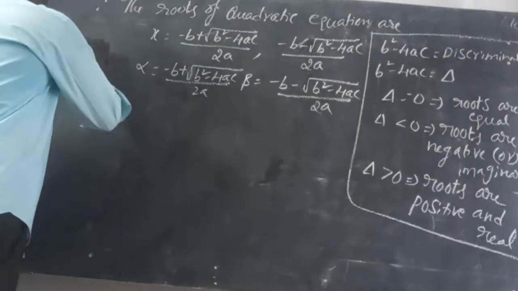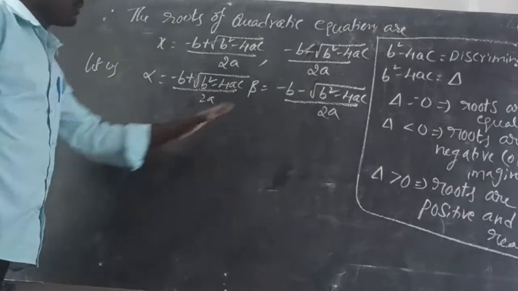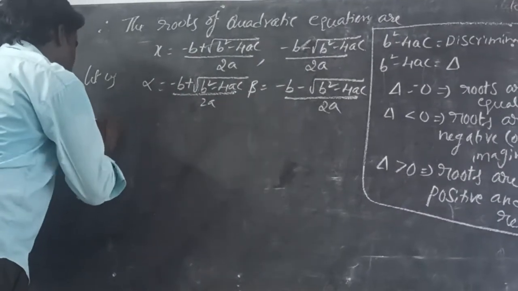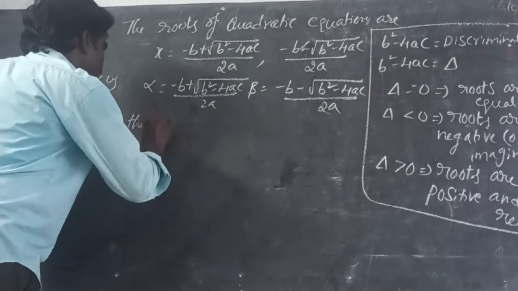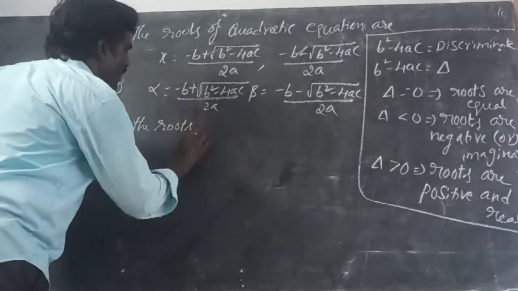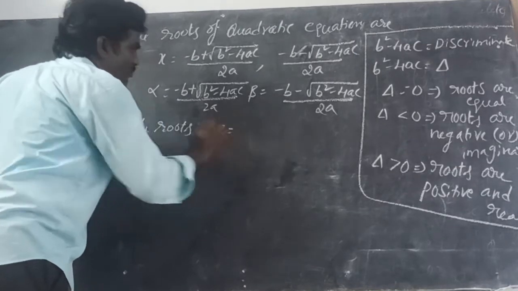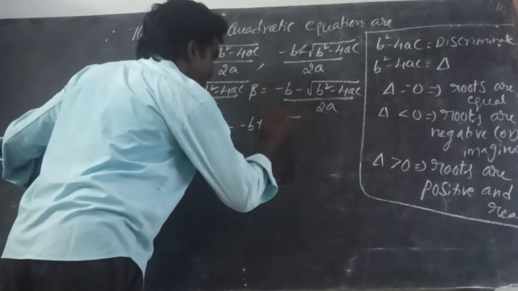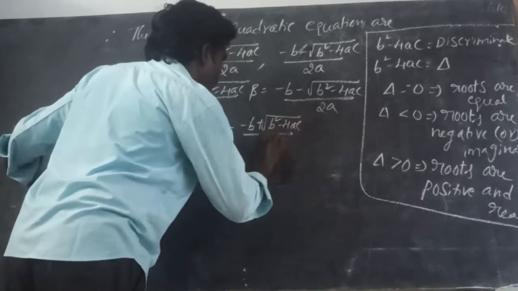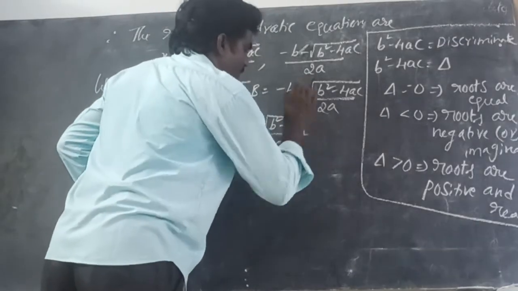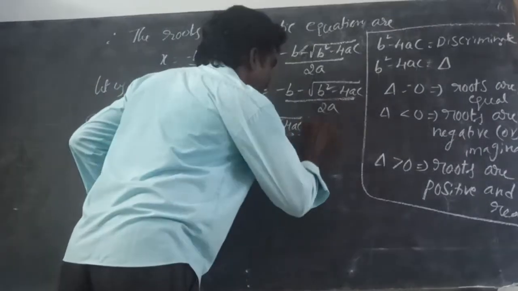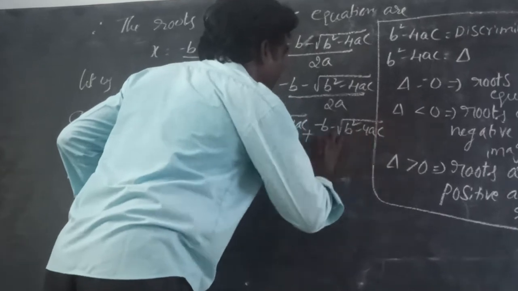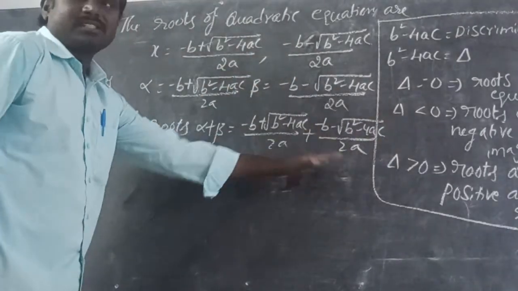So the sum of the roots is alpha plus beta. Here alpha is minus b plus square root of b square minus 4ac by 2a, plus beta, minus b minus square root of b square minus 4ac by 2a.